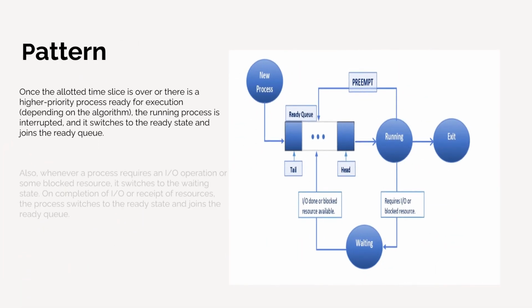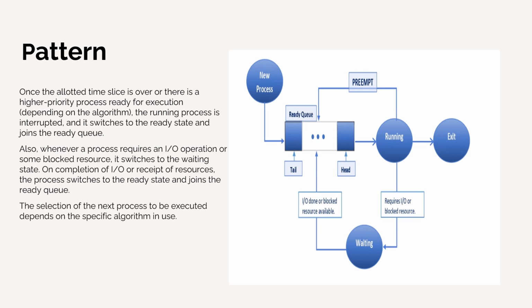Now, let's see the pattern of primitive scheduling. Once the allotted time slice is over or there is a higher priority process ready for execution, depending on the algorithm, the running process is interrupted and it switches to the ready state and joins the ready queue.